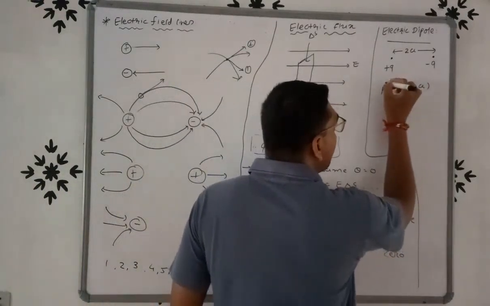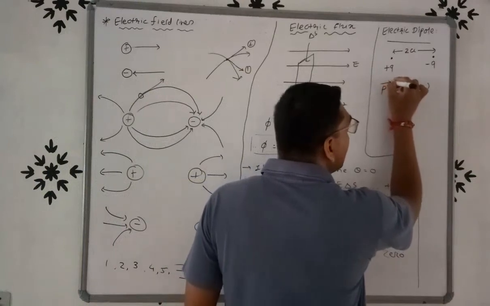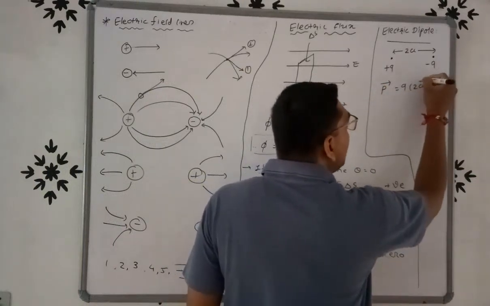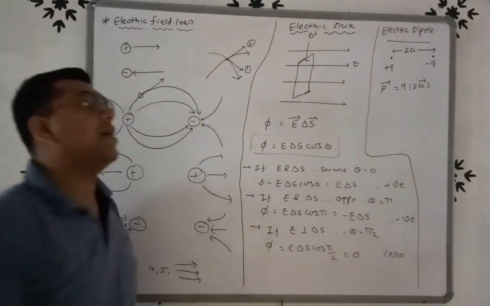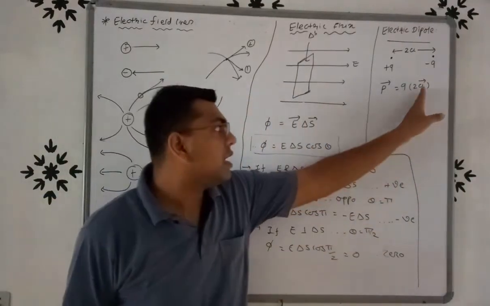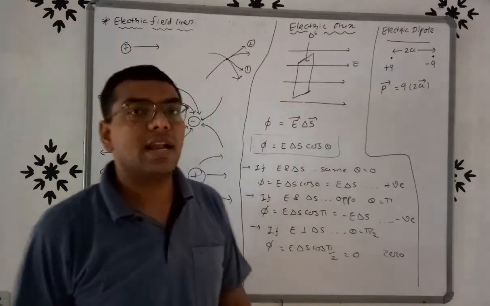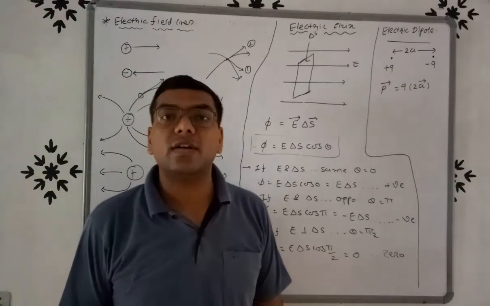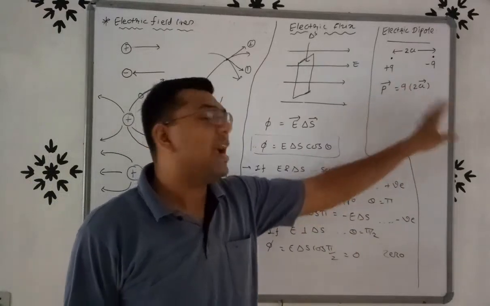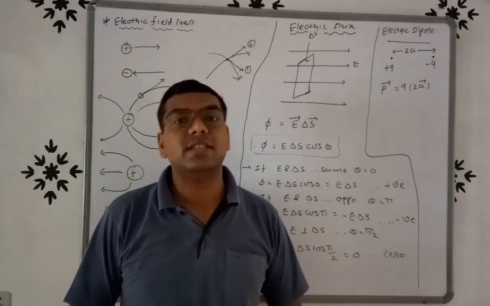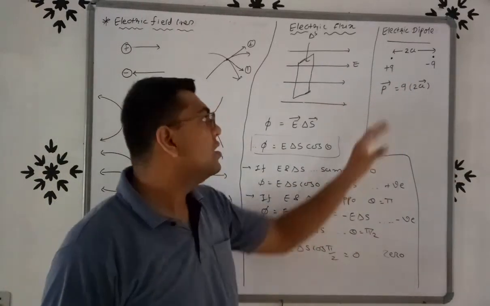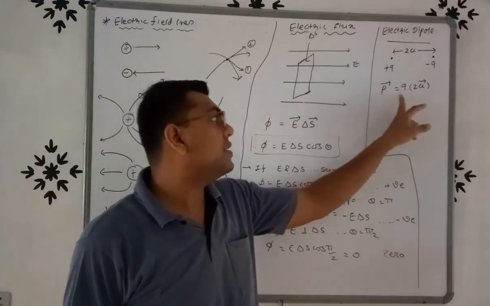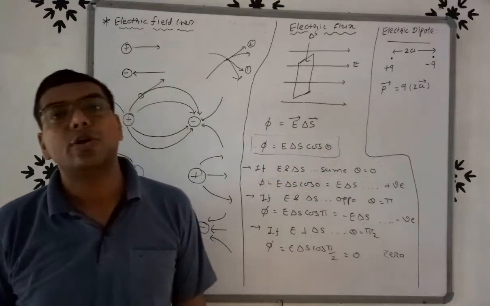Now electric dipole moment is a vector quantity. So vector P is equal to Q into 2a, where 2a is a vector distance, right? Electric dipole moment is the product of charge Q and the distance between the charges, 2a.